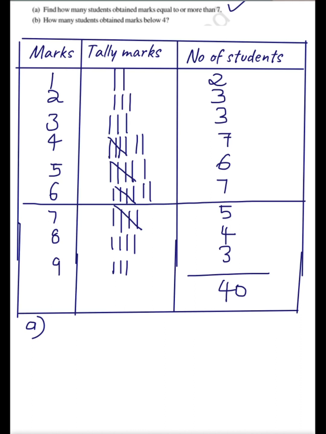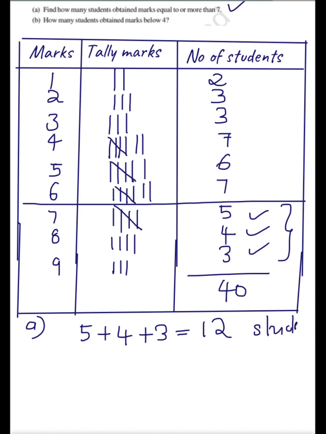You can see that 5 students got 7 marks, 4 students got 8 marks and 3 students got 9 marks. So these are the students who got marks equal to or more than 7. So it will be equal to 5 plus 4 plus 3. Okay. So 12 will be the answer for this question. That is 12 students got more than or equal to 7 marks.